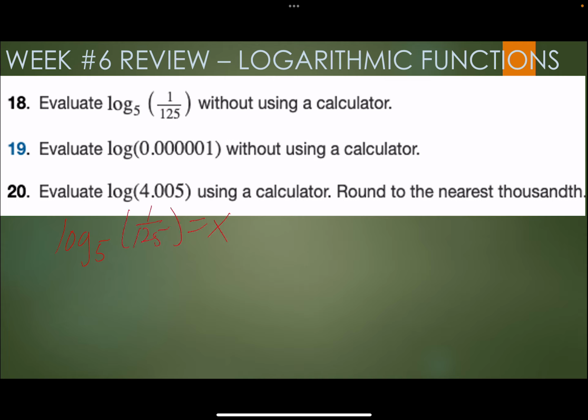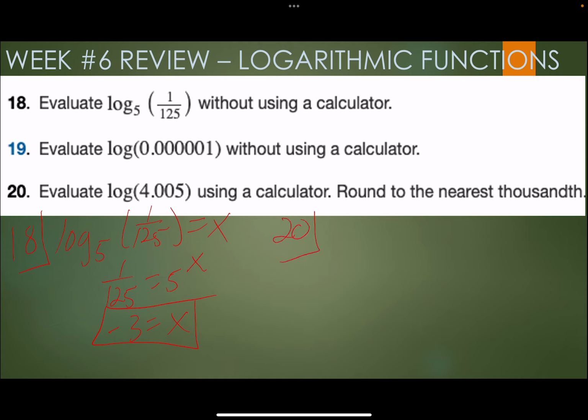We don't know what that something is. So we say 1 over 125 equals 5 to the x. Well, what's that going to be? We know it's going to be a negative. And 125 and 5, that's 3. So that means that negative 3 is what x is. Okay?